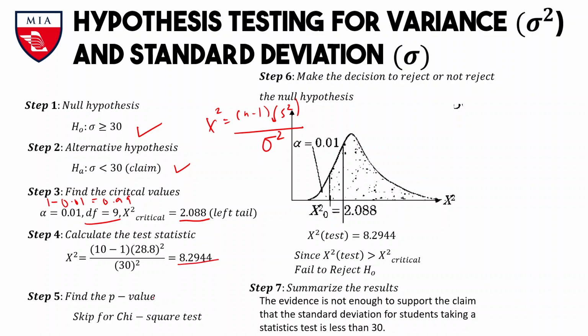In terms of the chi-square test, the p-value method can only be applied to the z-test, so we will just skip this.